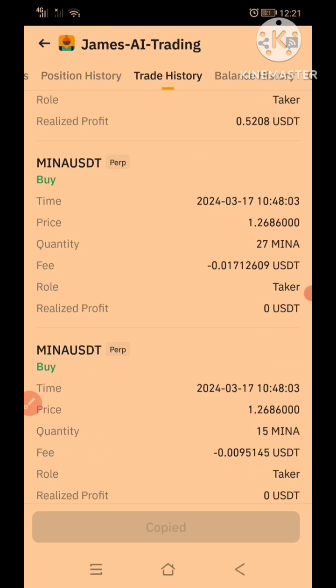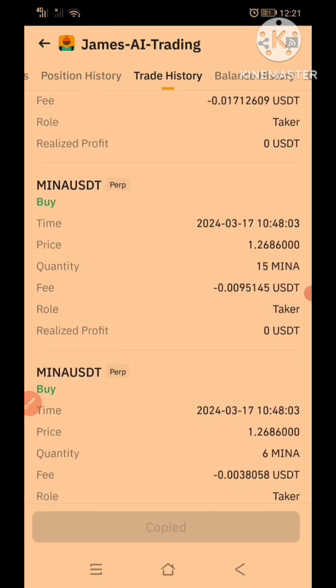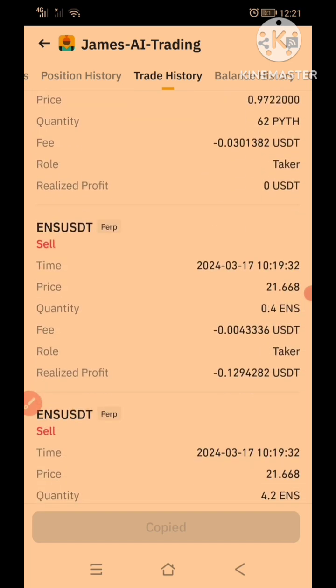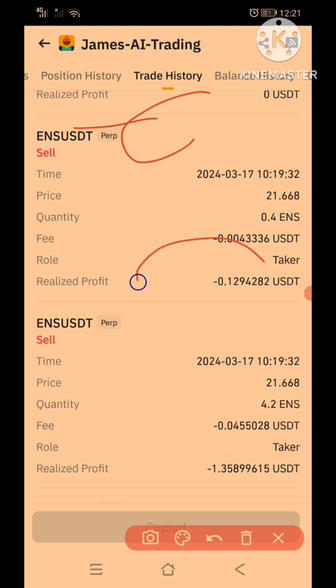And important for such strategies, I show you, you must find realized profit. You must find that he loses in closing trades. That means if the trade does not go in the direction he wants, he immediately goes out. It's a good sign if they lose in trading in some trades and do not hold the losses.